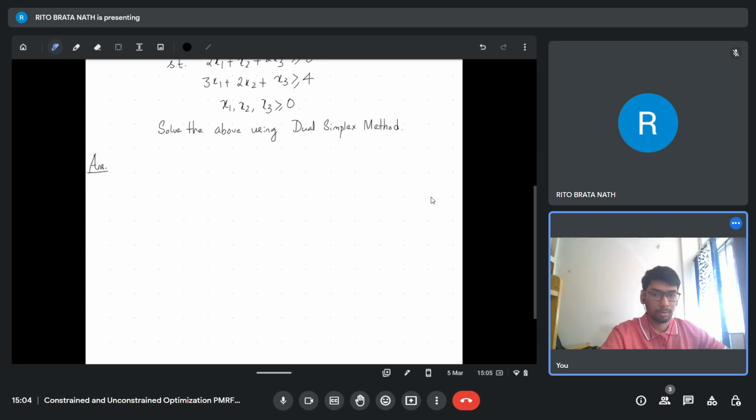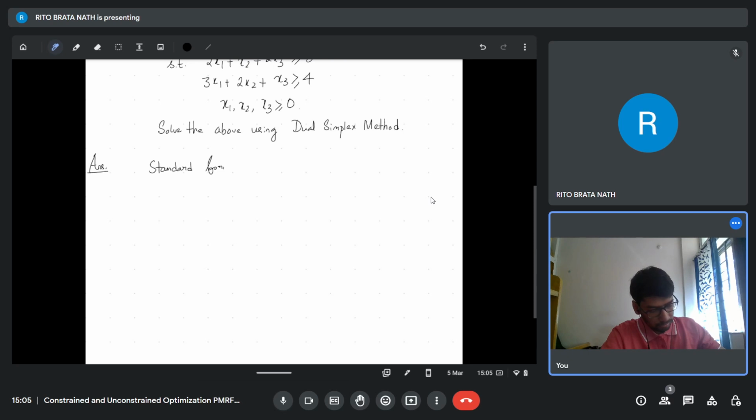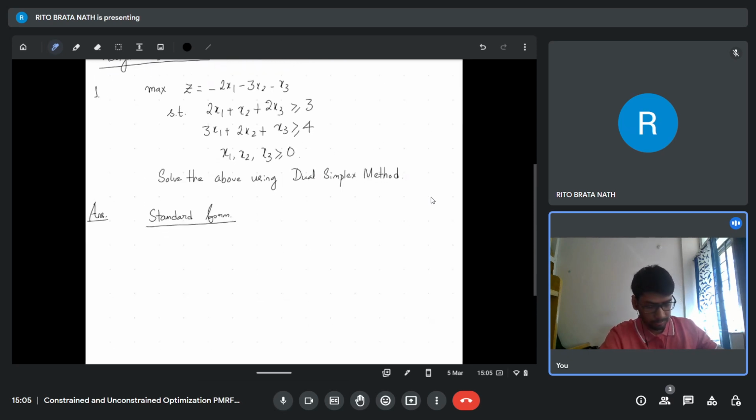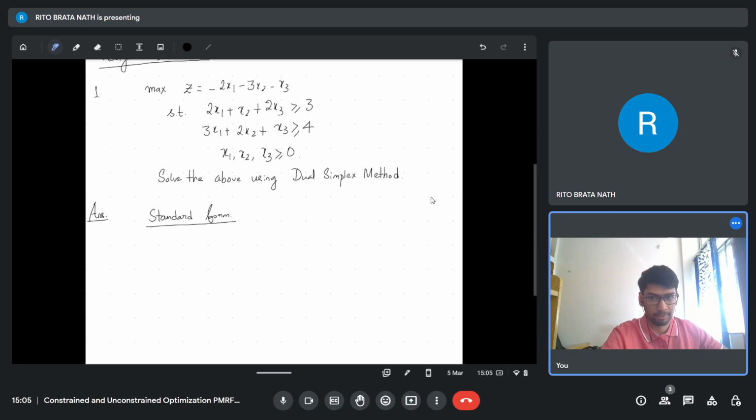As you all know, the first step to solve such problems is to write the problem in standard form. So let me do that. This is how we can view it. What you have to do first is add slacks to the two constraints that are given to you.